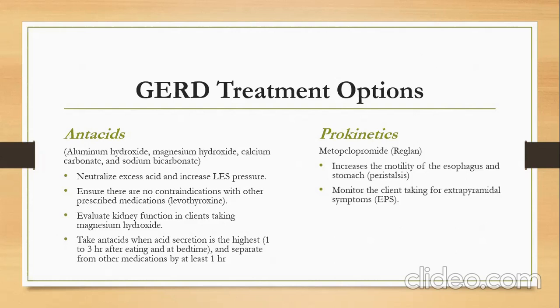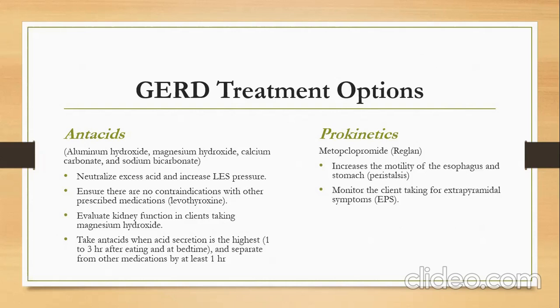The only thing I want you to know about Reglan, you may even see commercials about Reglan because there have been class action suits about Reglan. Also, one of the H2 blockers, ranitidine. It's in your ATI books. However, over the last year, ranitidine was pulled off the market.